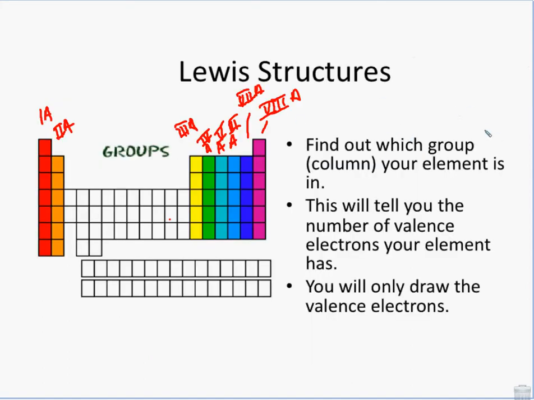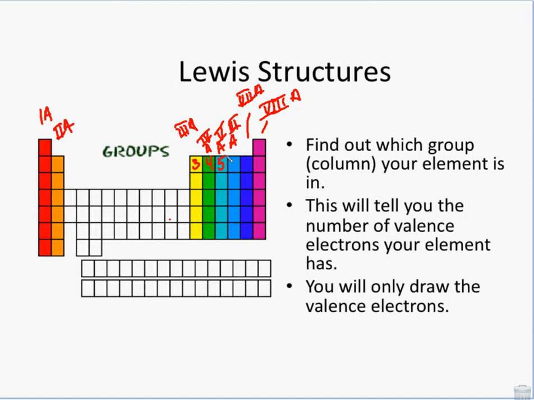We're going to find out which group our element is. Again, this will tell you the number of valence electrons your element has. Remember, the number of the group, 1A, all of these elements in the red have one valence electron. They have one electron in their outermost shell. Group 2 have two valence electrons, two electrons in their outermost shell. Group 3, 3 electrons. Group 4, 4 electrons.